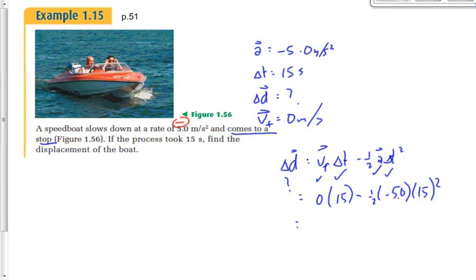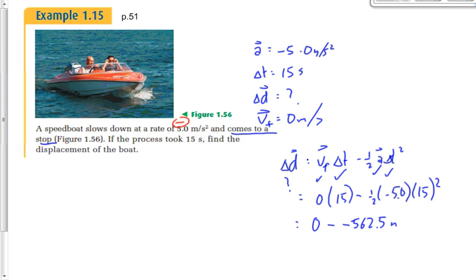This is just 0, right? 15 squared is 225. 225 times 5 is 1125. 1125 divided by 2 would be 562.5. Somebody check that. Is that right?